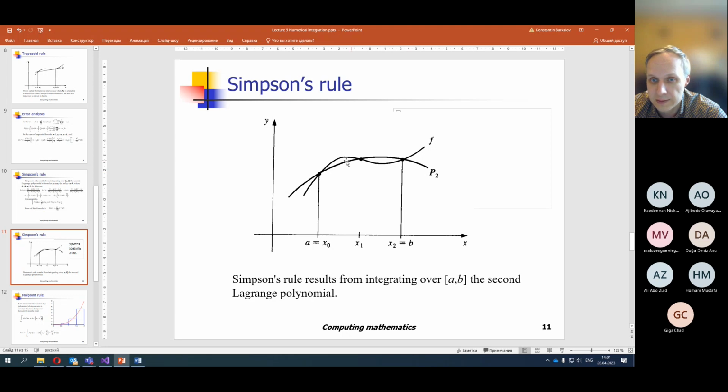Suppose it can be like this. And this is the graph of the unknown function f of x. In this case, we approximate the area under the curve with the area under this quadratic polynomial. That's why Simpson's rule is sometimes called the parabola rule. And the error of this rule will be significantly smaller than the error of the trapezoid rule.